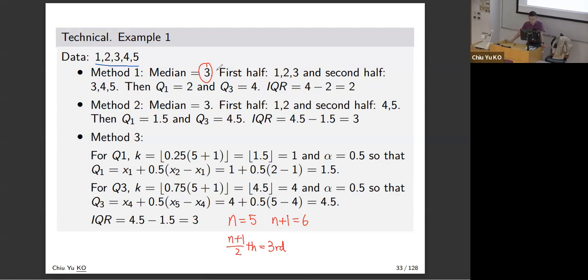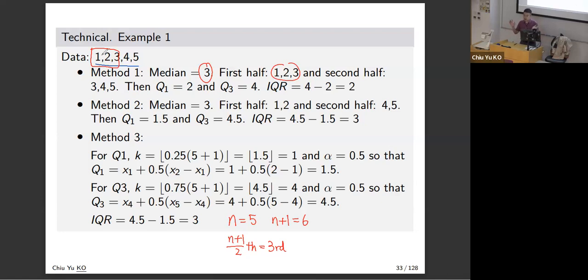Now, method 1 says you cut the data into 2 halves, and the median is included in the halves. That means the first half is 1, 2, 3, because 3 is included in the data. This is the first half of the data, 1, 2, 3. And with 3 data points, the middle is very obvious.